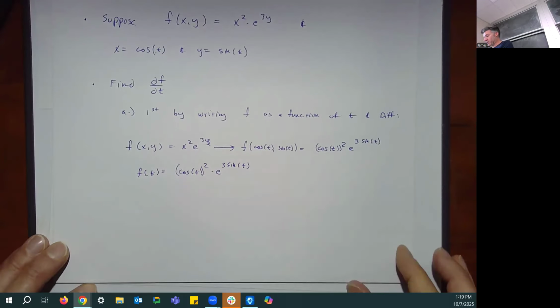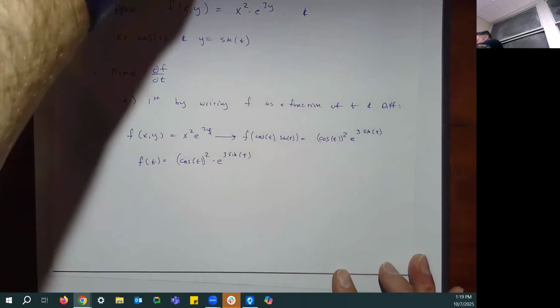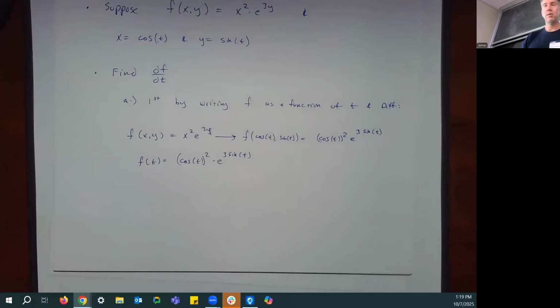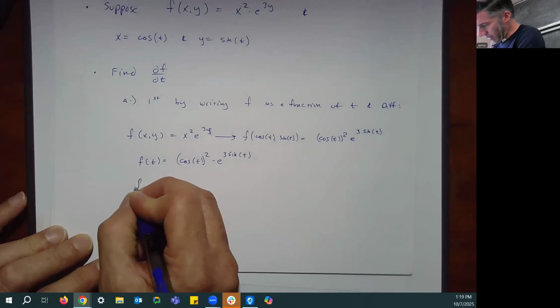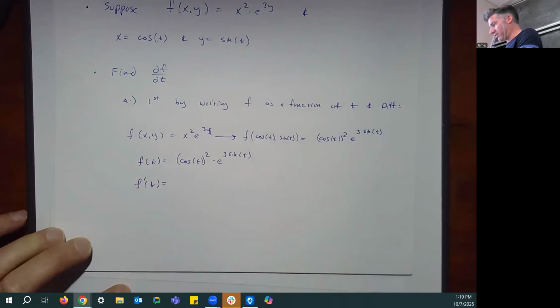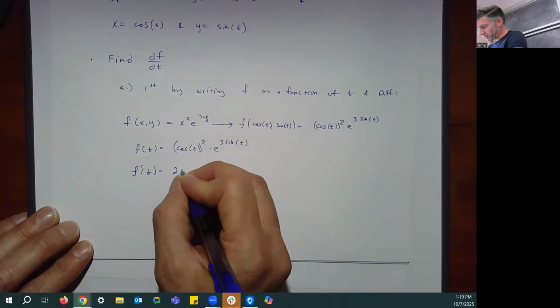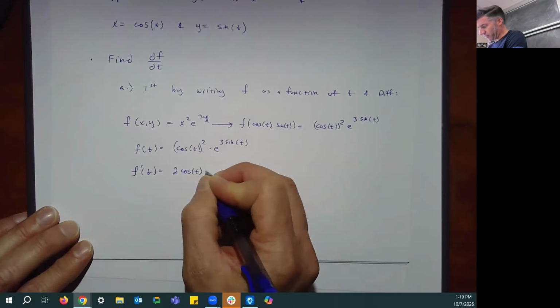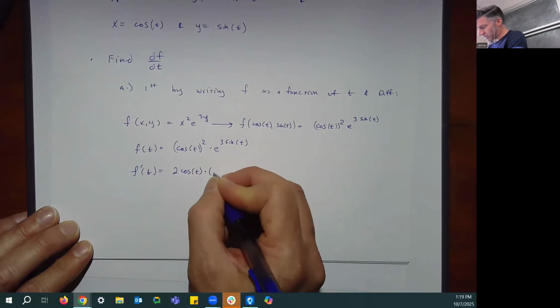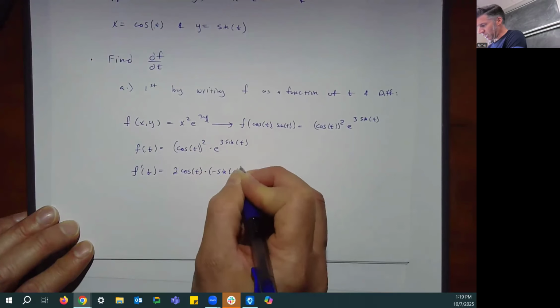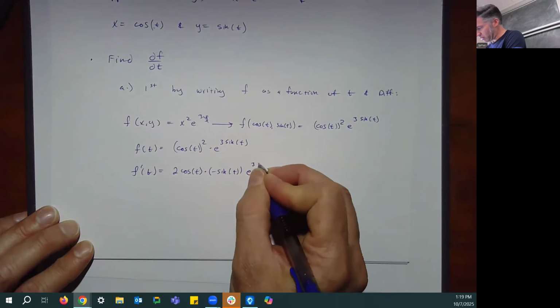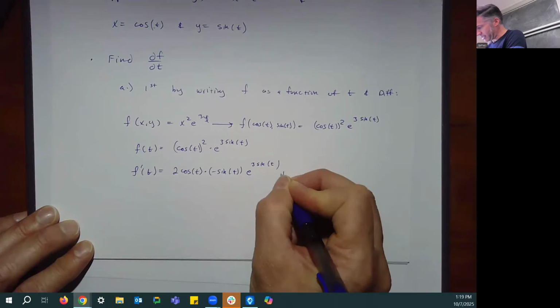All right, and now we're going to take the derivative using the product rule and the chain rule. So the derivative, f prime of t. The derivative of the first piece, cosine squared, is going to be 2 times cosine of t to the first times the derivative of cosine, which is negative sine of t, times the other stuff left alone, e to the 3 sine of t, plus, then you switch.